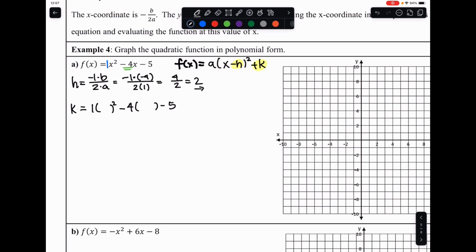So we have 1 times 2 to the second power minus 4 times 2 minus 5. Simplifying this, we end up with 4 in the first term, minus 8 in the second term, and we just bring down the minus 5. Then from left to right, we end up with -4 minus 5, which is -9. So the vertex here will have an x value of 2.